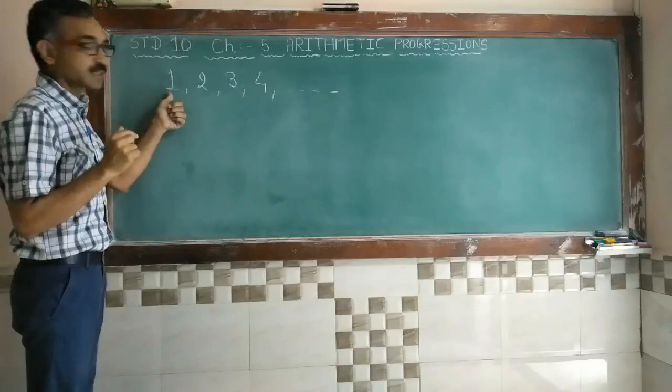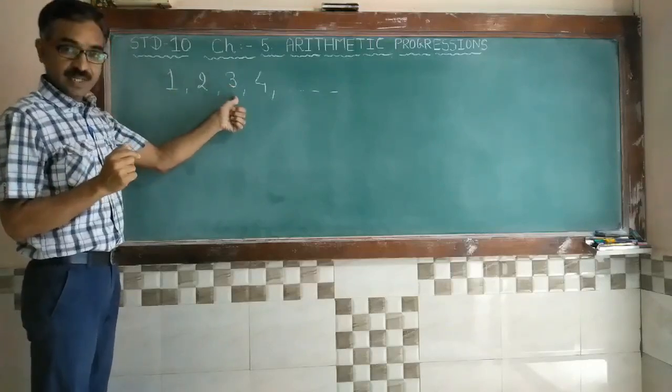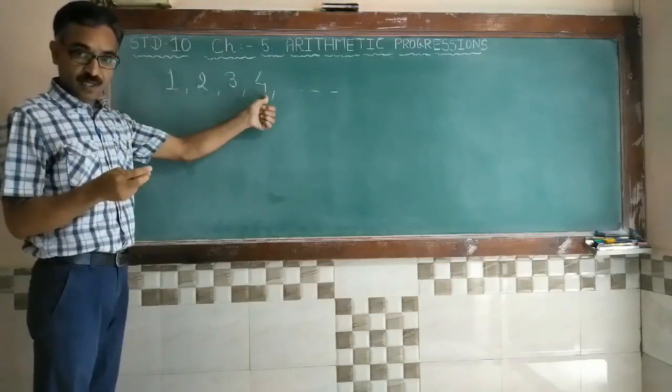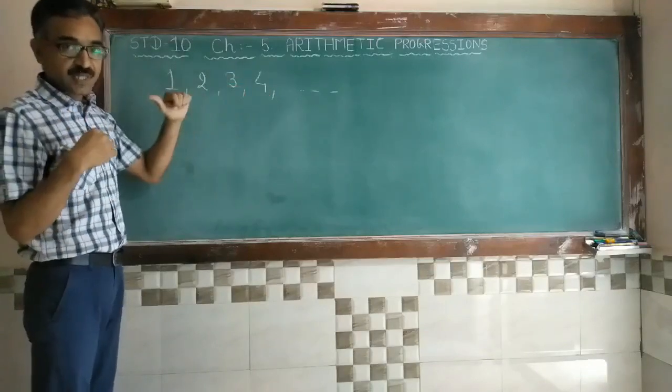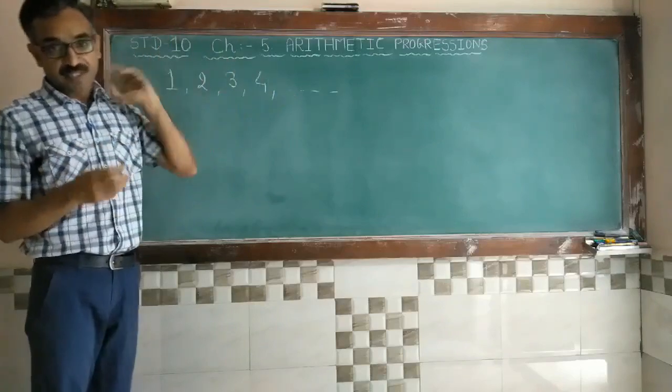Here 1 is the first term, 2 is your second term, 3 is your third term, 4 is your fourth term. Now see, all the numbers are called the terms in this series.